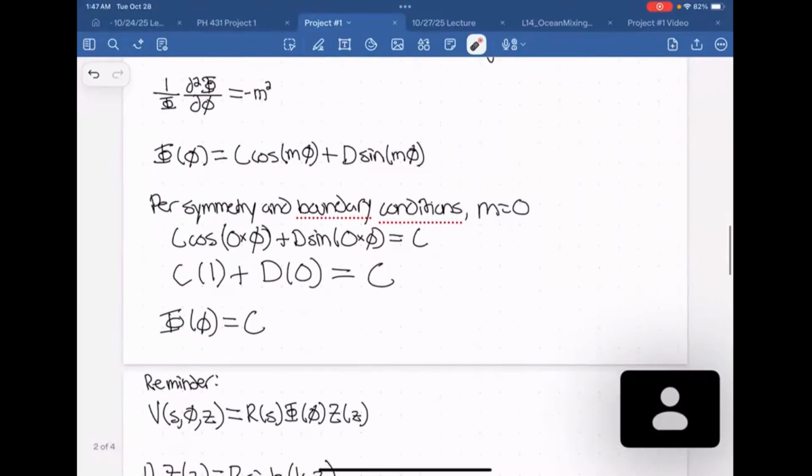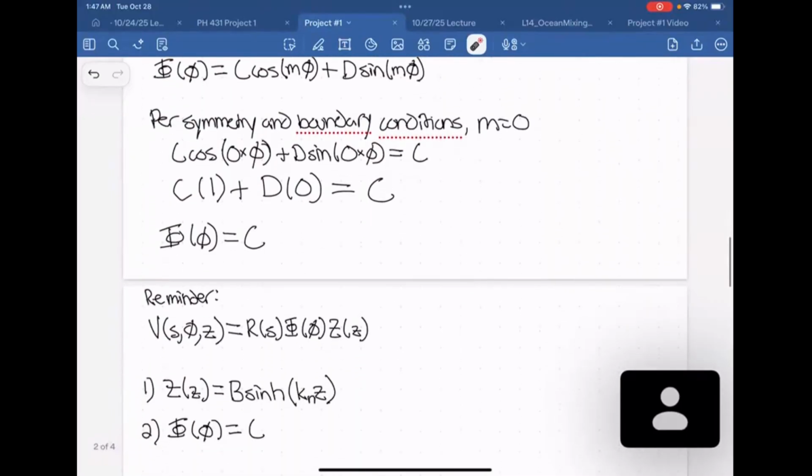Okay, now remember we are going to combine our equations together to ultimately get an equation for the potential here. That was going to be R of s, phi of phi, and Z of z.